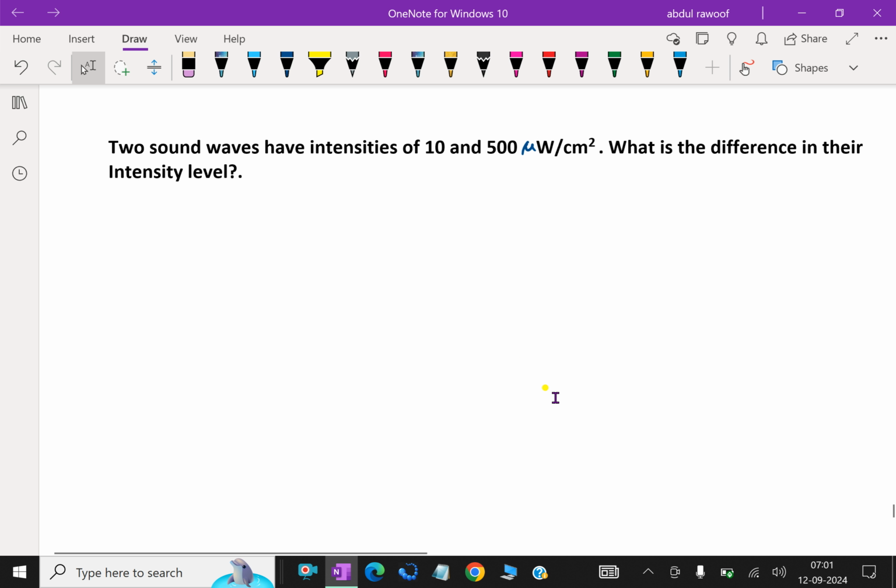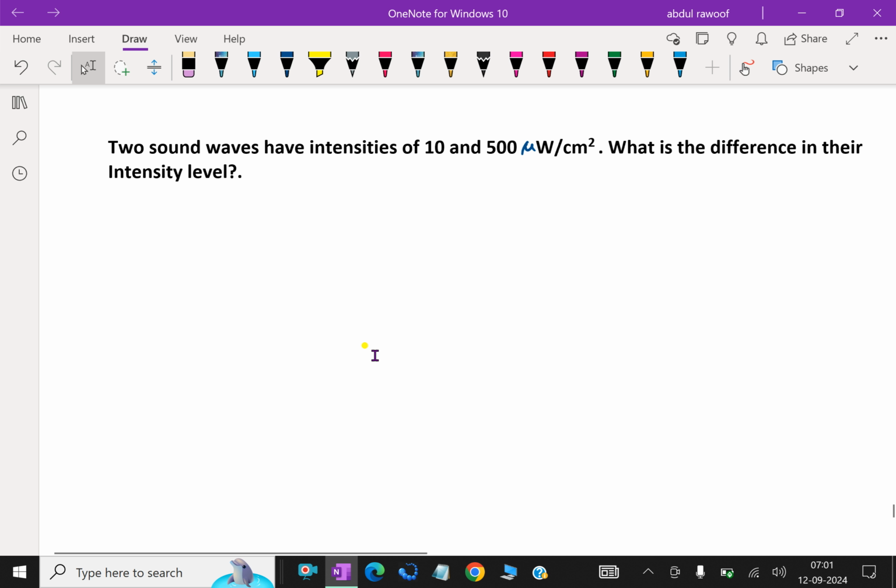two sound waves have intensities. Two sound waves have intensities of 10 and 500 microwatts per centimeter square. What is the difference in their intensity level?